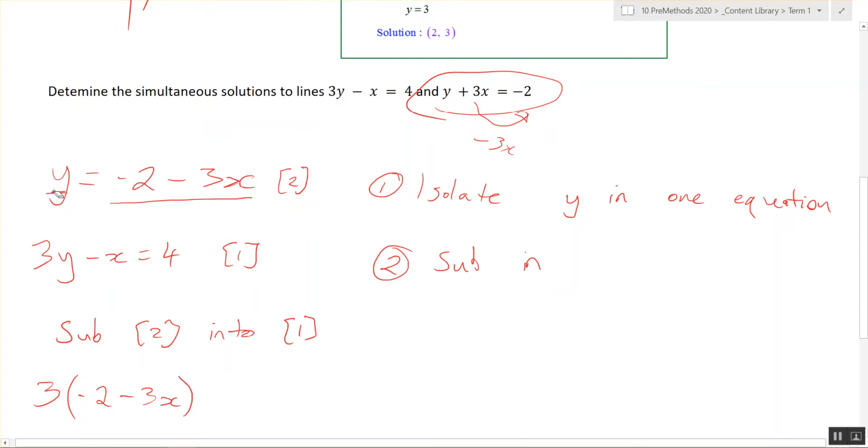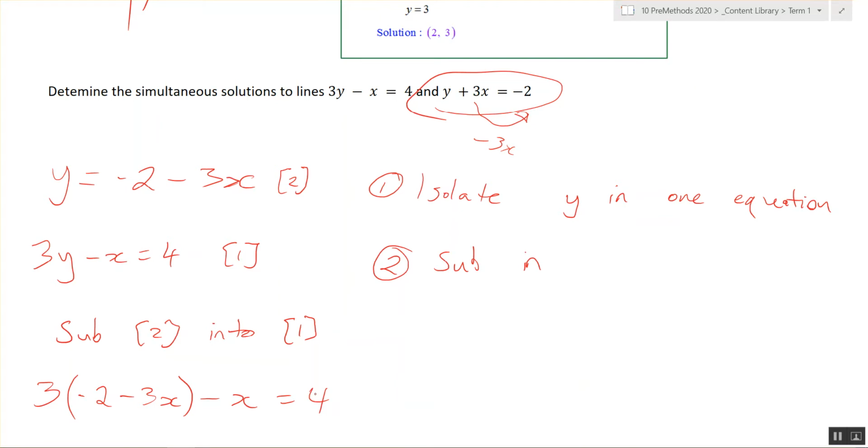Does everyone see what I've done? So where that y value is in the second equation, in the first equation, I've put the second equation in, like that. You see?